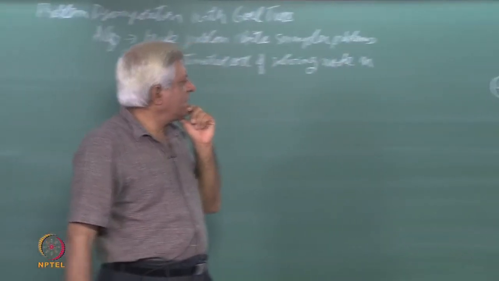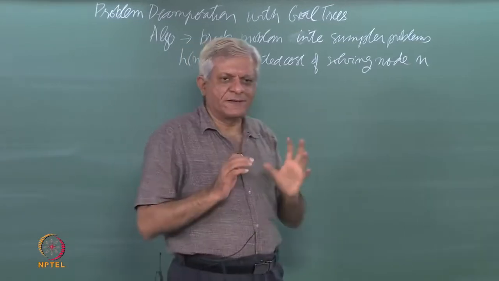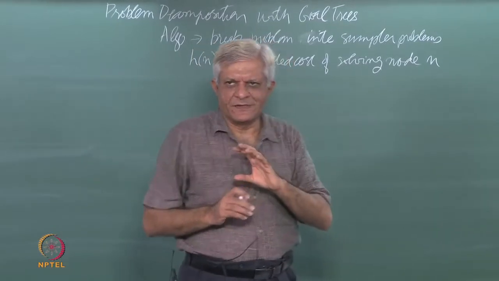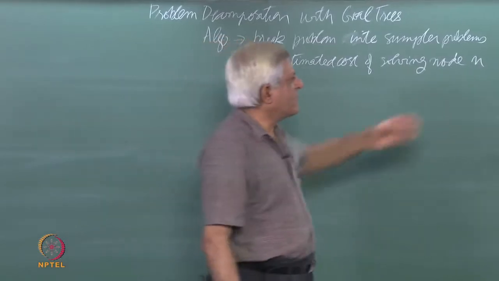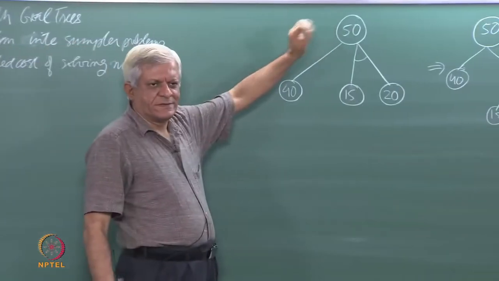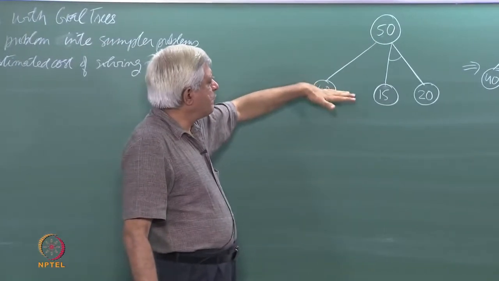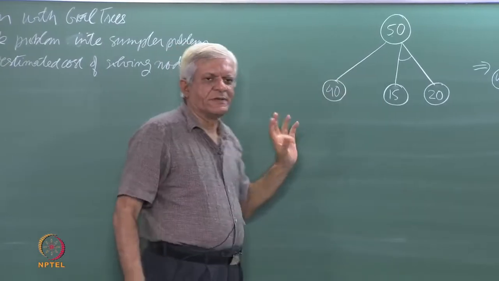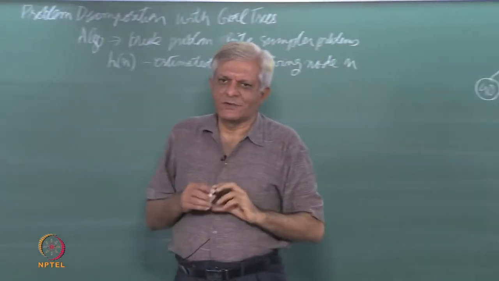So, you have expanded, we will use the same term expanded, a node. So, you have expanded the root and you have got these 3 nodes. So, which is the next node that one should pick?